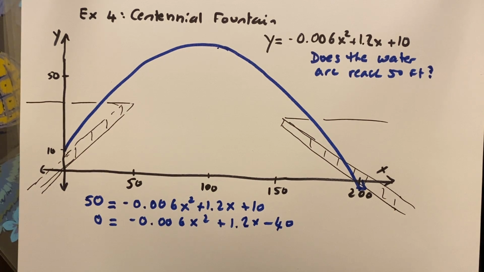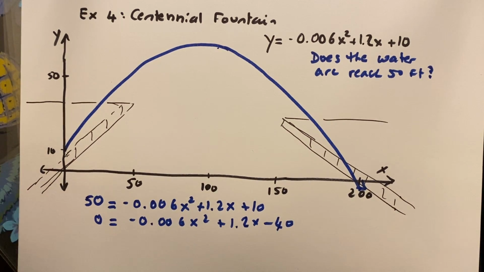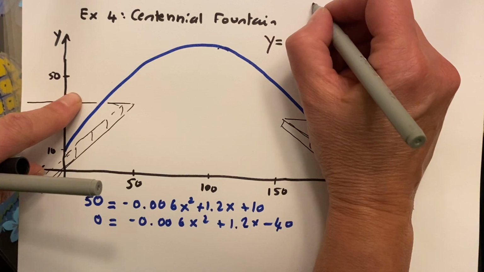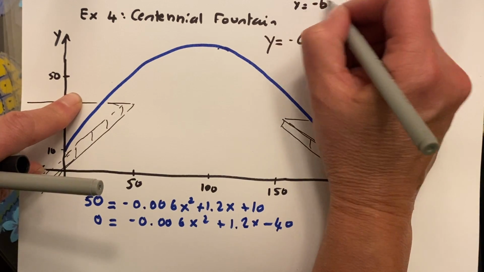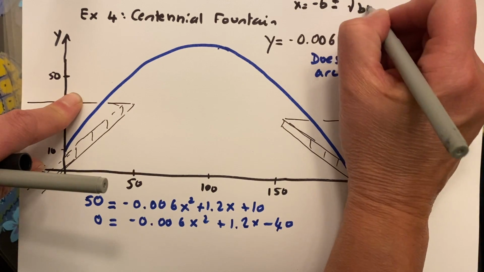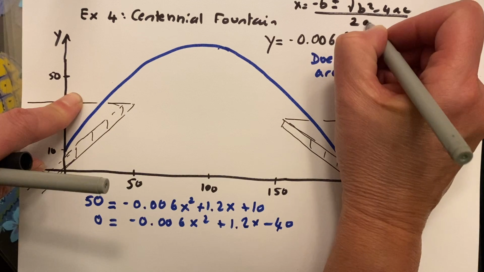Okay, and we're just going to use the discriminant to figure this out. We don't have to do the whole problem out. We can just do the discriminant. Reminding ourselves, the discriminant is this part of the quadratic formula: negative b plus or minus the square root of b squared minus 4ac over 2a, right?